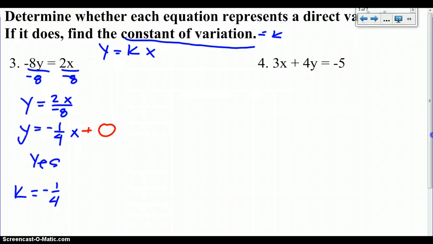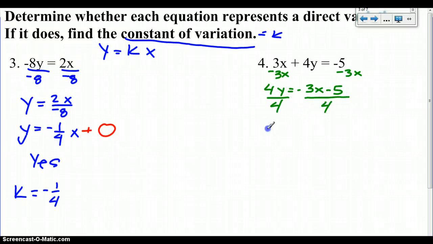Okay, so for number 4, we first always need to start by solving for y. To get y by itself, we need to subtract 3x. And then to get y by itself again, we need to divide by 4. You have to divide everything by 4.